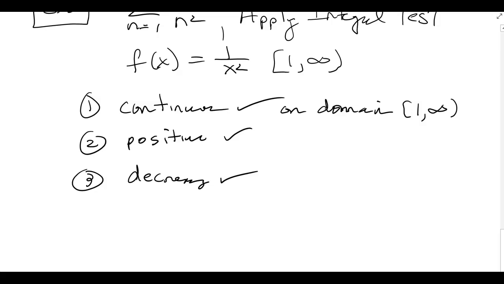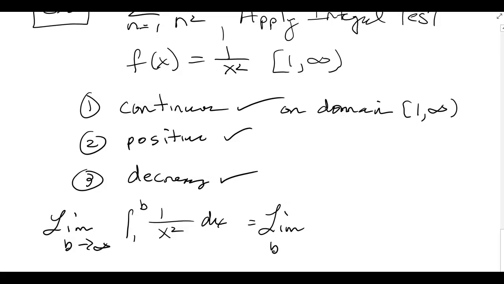Okay, so because of all that, we can go ahead and look at the limit of the integral as b goes to infinity, from 1 to b, of 1 over x squared dx, which is the limit as b goes to infinity, and 1 over x squared is x to the negative 2, right?